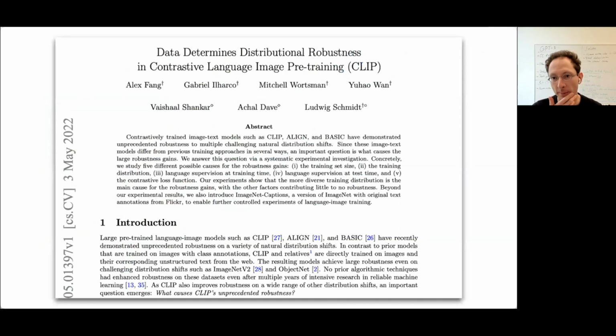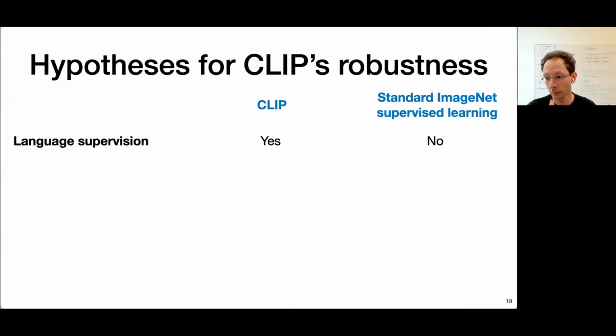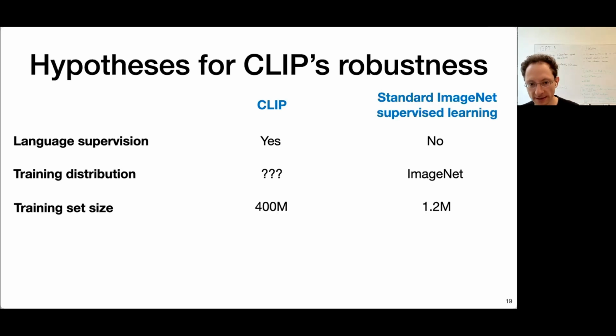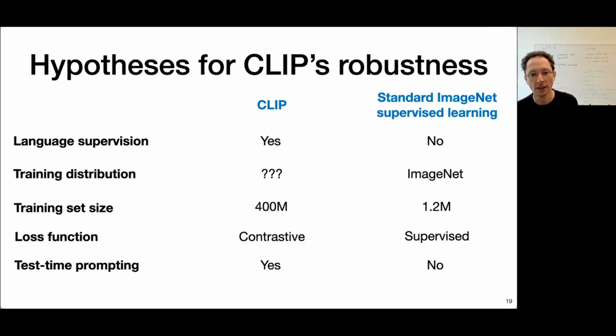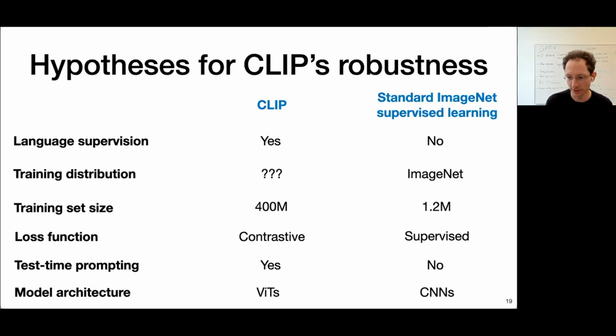And we wrote a paper about this, and the title gives it away: Data Determines Distributional Robustness in Contrastive Language-Image Pre-training. The idea in this paper was that we went through all possible hypotheses for where this large robustness gain could come from, like language supervision, training distribution, training set size, loss function, test time prompting, model architecture, and so on.